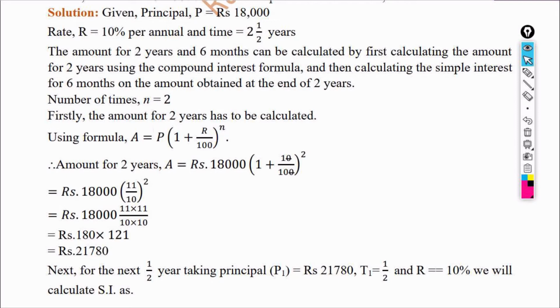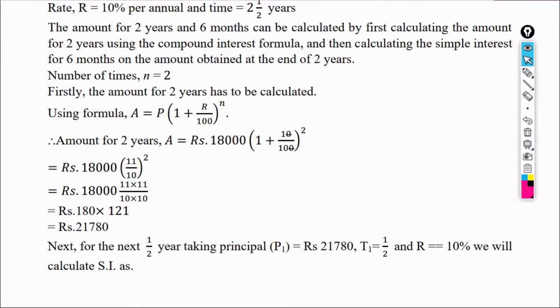For that, since the interest is compounded annually, the number of times equals the number of years, that is you can take 2 here. And you know the formula to calculate amount for 2 years. Put down the values, rupees 18,000 into 1 plus rate of interest 10% per annum divided by 100 to the power 2.